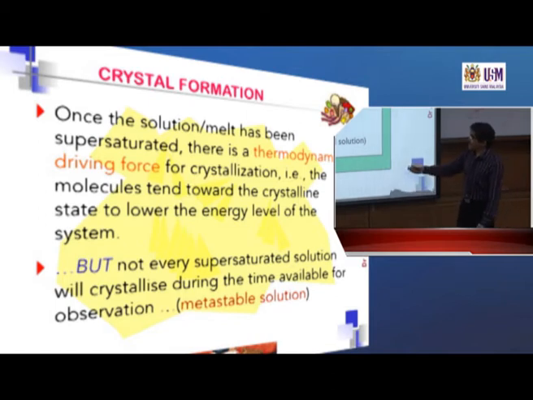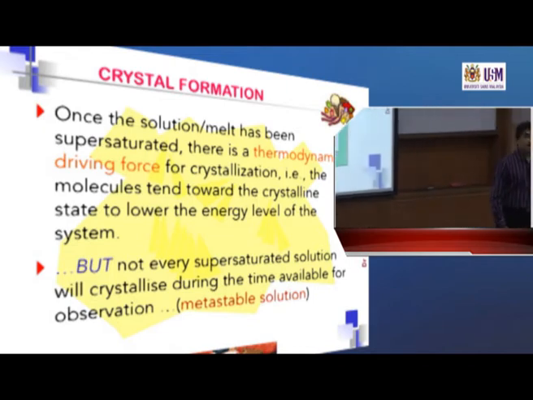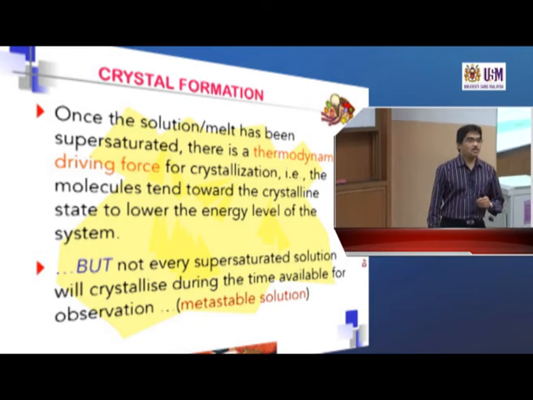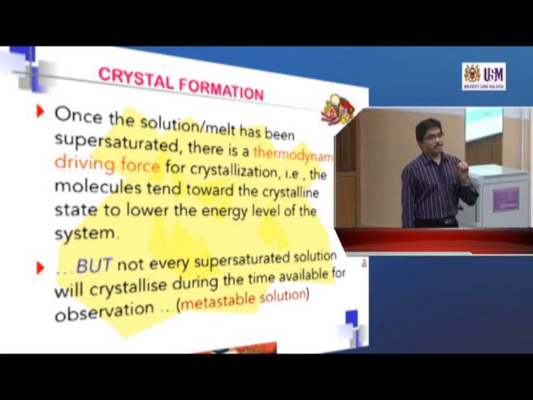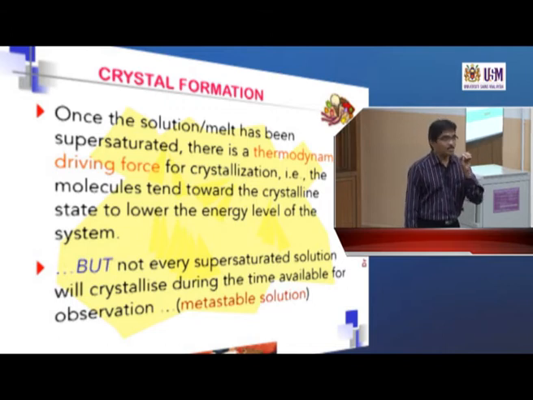So this area, the yellow color, is called the metastable state. Metastable state is a state where the solution is supersaturated but crystallization cannot start.